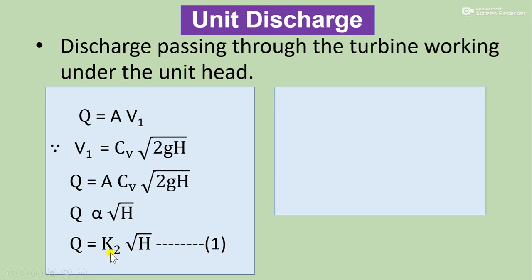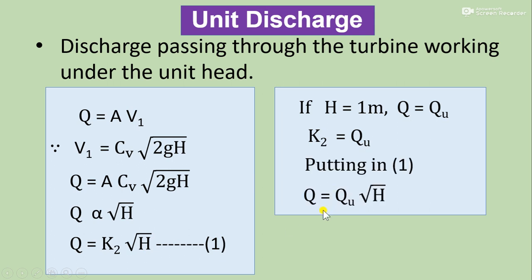Now, to find the value of K2, we use the definition of unit discharge, that is H is equal to 1 meter, Q is equal to Qu. Thus equation 1 becomes K2 is equal to Qu. Putting this K2 value in equation number 1, we get Q is equal to Qu square root of H. By arranging the terms, we get the formula Qu is equal to Q upon square root of H, that is the unit discharge.